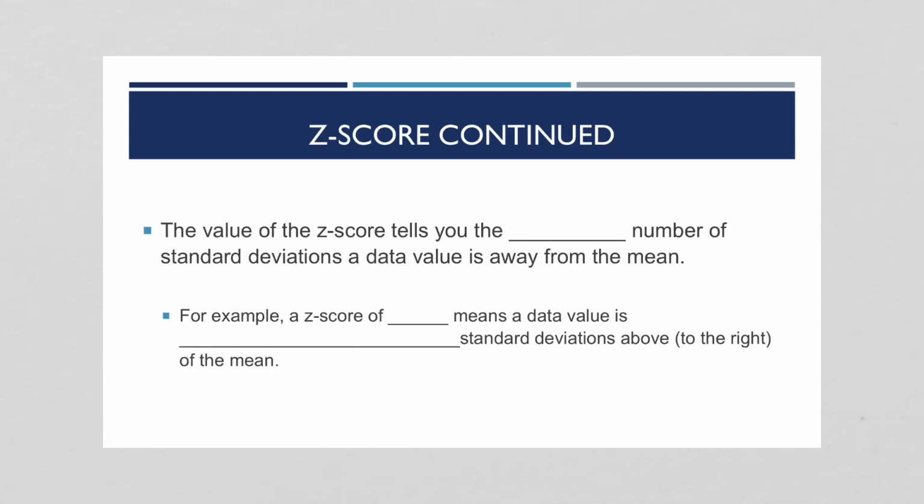Moving right along, the value of the z-score tells you the exact number of standard deviations a data value is away from the mean. And again, away referring to above or below the mean. Of course, when we are calculating our z-score, we will usually have to round. So we do lose some of that exactness because, as we mentioned earlier in the quarter, whenever you're rounding a value, you are removing a little bit of that accuracy.